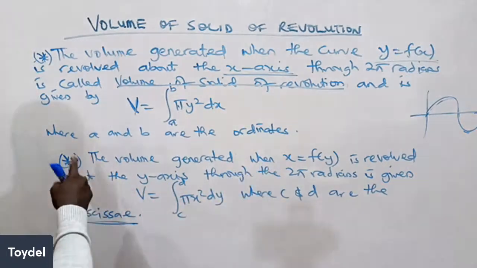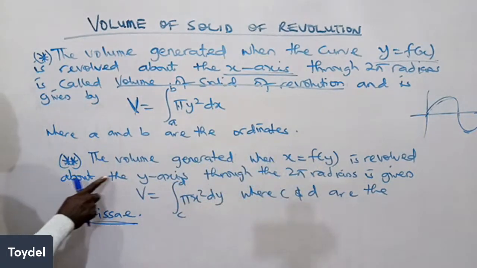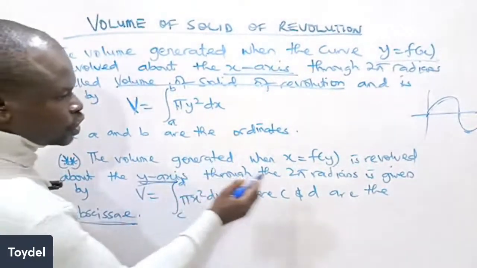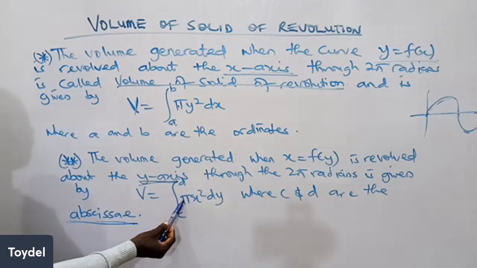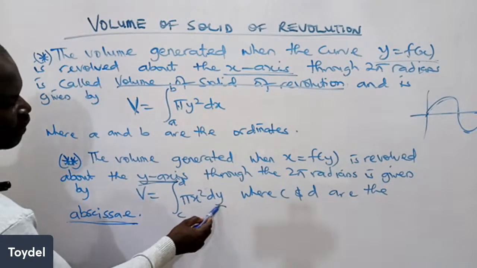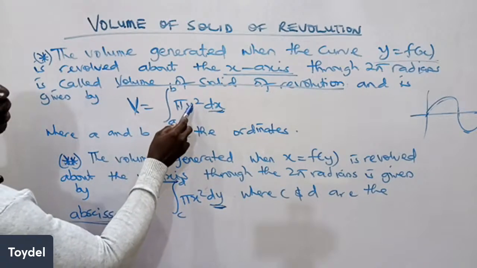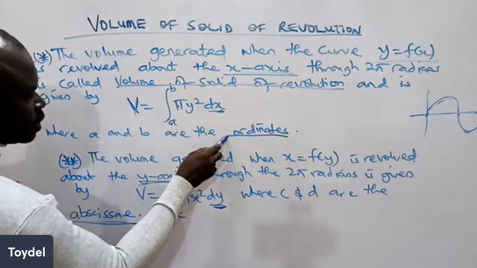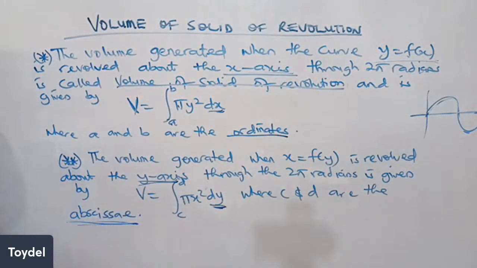So the volume generated when x is a function of y is revolved about the y-axis through 2 pi radians is given by V equal to integral of pi x squared dy. So we have dy here, we have dx here. The bounds c and d represent the abscissa, the values of x.